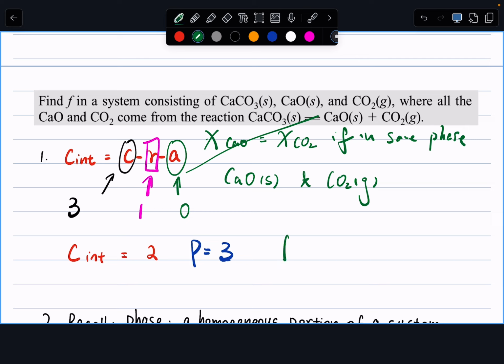Then just plug in the numbers. I don't need a calculator for this: 2 minus 3 plus 2 is 1. Or, another way to put it: in this system, as long as you fix one of temperature, pressure, or mole fraction, you will be able to get the same intensive description of the system.